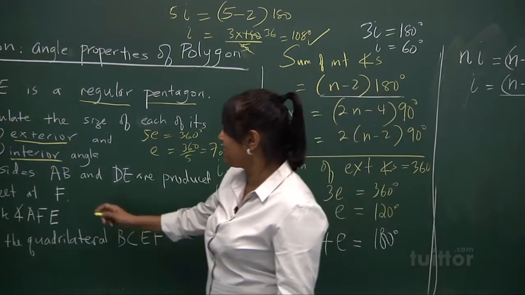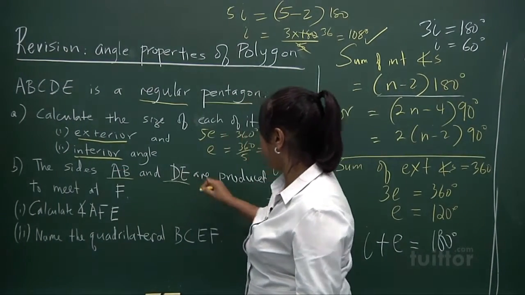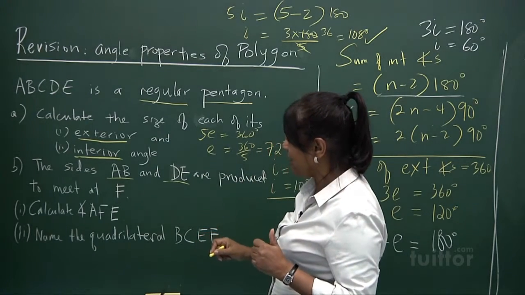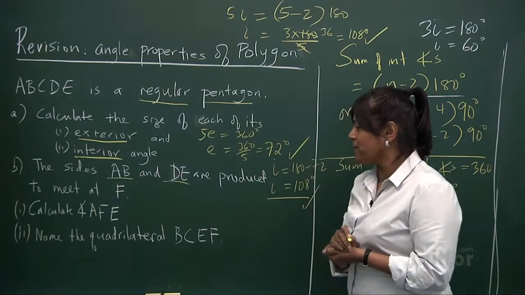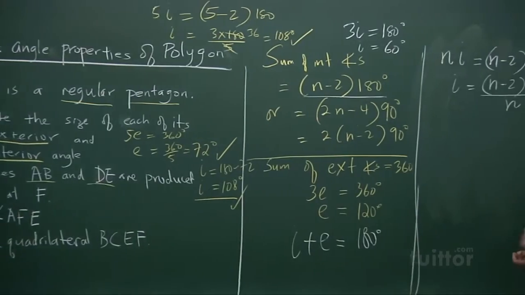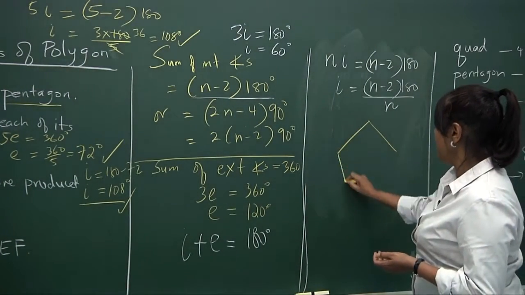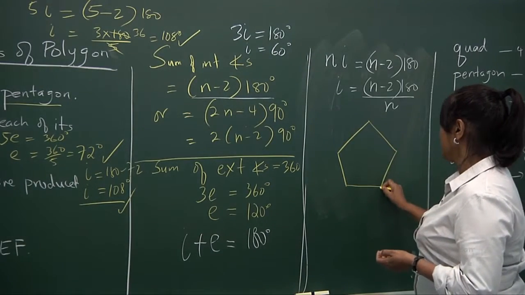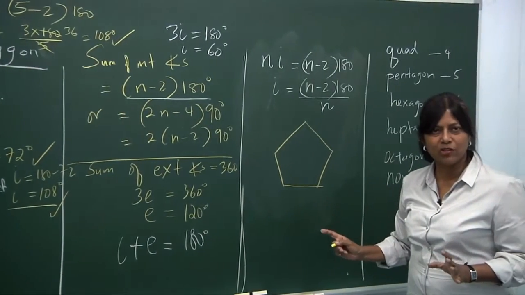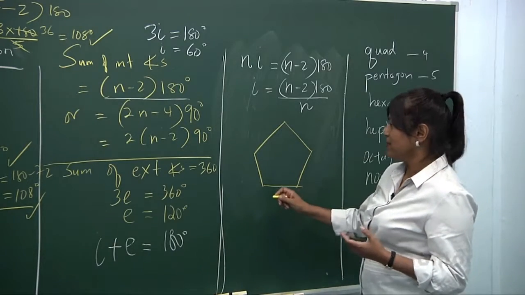Now, they say that in polygon A, B, C, D, E, sides AB and DE are produced to meet at F. And they want to calculate the angle AFE. And what's the name of this quadrilateral? BCEF. Let's take up the space here. A 5-sided polygon. It may not look very accurate, but don't worry. We're not doing it by construction, but by logical reasoning and using the formula. So let's look at it.